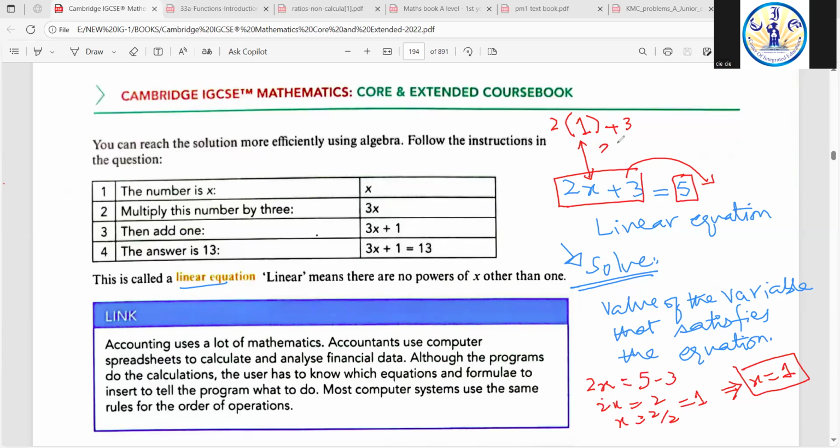Now this gives 2 times 1 is 2 plus 3. The answer is 5. Yes, that is equal to the right hand side of the equation. We started off with the left hand side, and that left hand side of the equation is satisfying the right hand side of the equation. So that means this equation is satisfied for this value of x. This is what we mean by solving an equation: to find out the value of the involved variable that makes the given equation true.